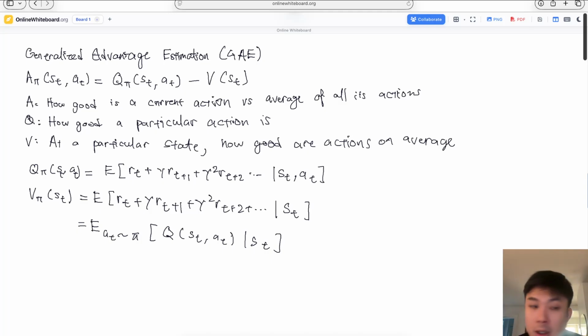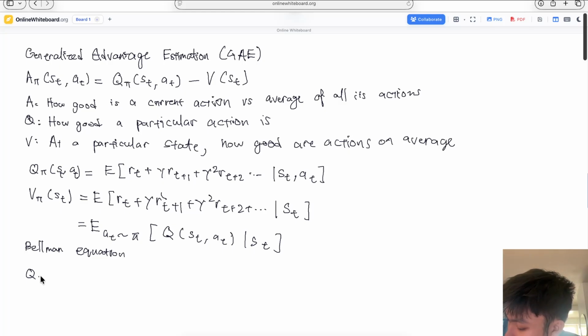Now that we have a good understanding of the Q value, the value function, and the advantage, let's try to calculate the generalized advantage estimation. The advantage is Q minus V, and we can simplify the Q function using the Bellman equation.